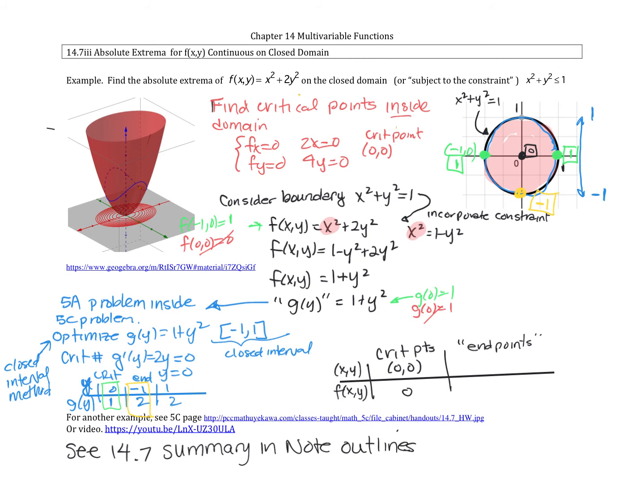This tells me when I'm on the boundary and y equals +1, that's going to be up here. The output of that function is 2. Oh, I made a mistake back here. The output of this function is 2. The yellow output was also 2. I got -1 on accident from there, but that's 2.